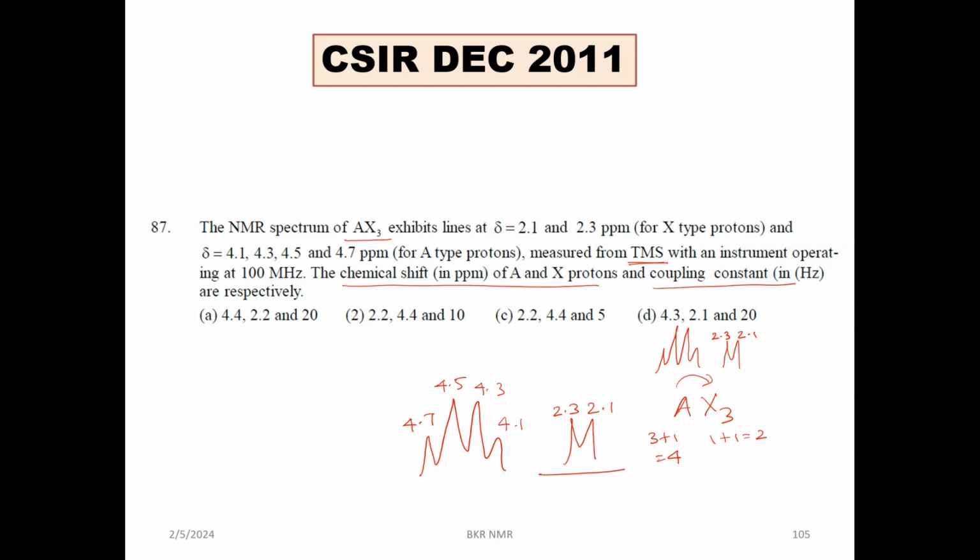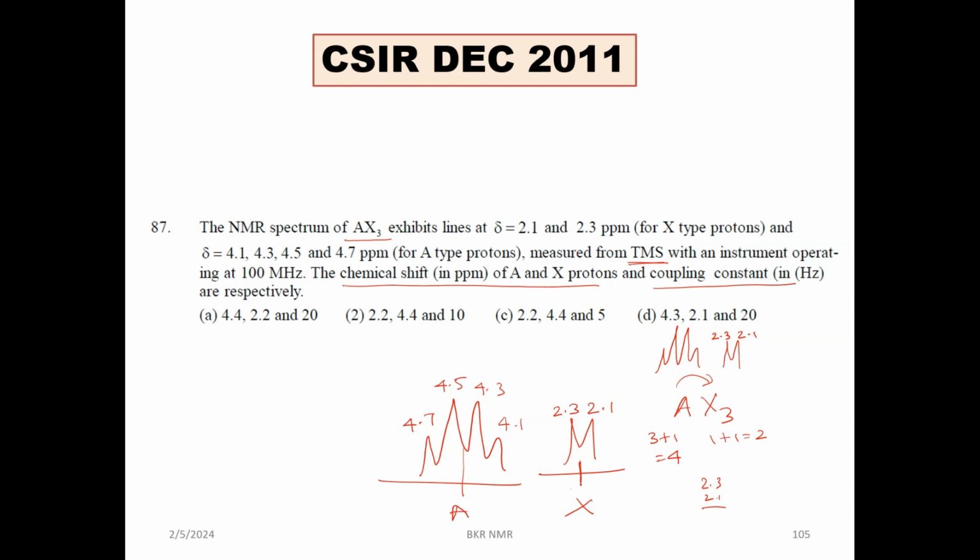So we know that this is for the X proton and this is for the A proton. And we should know that the center of the multiplet lies at its chemical shift. So 2.3 minus 2.1 is 0.2.